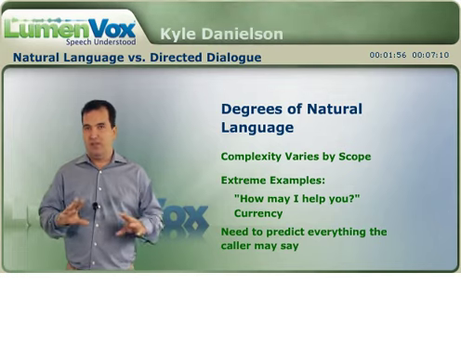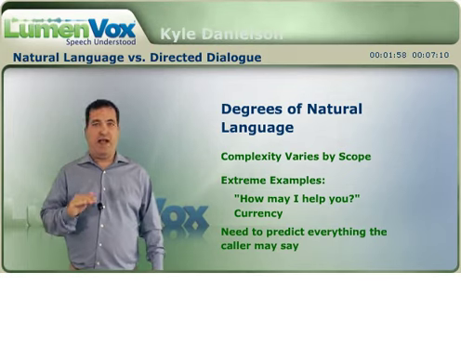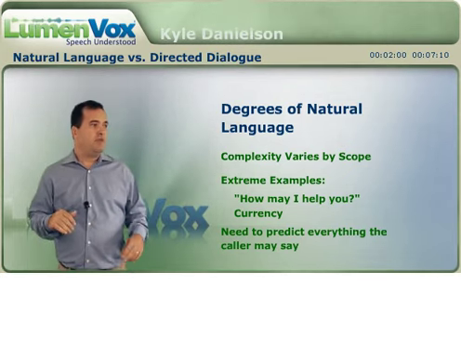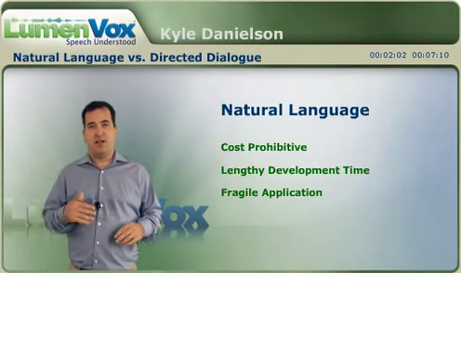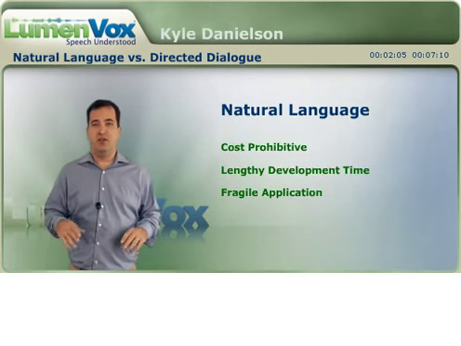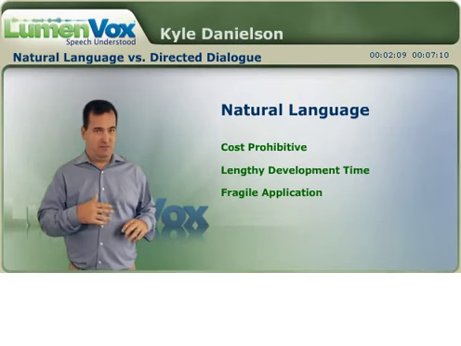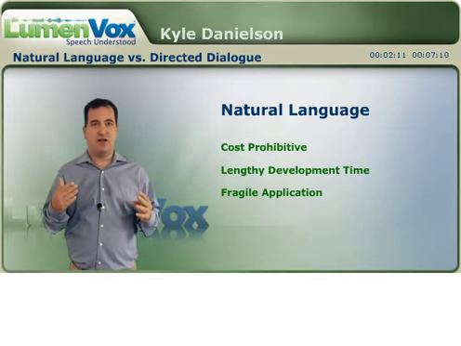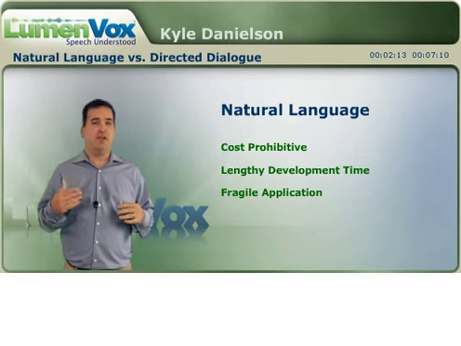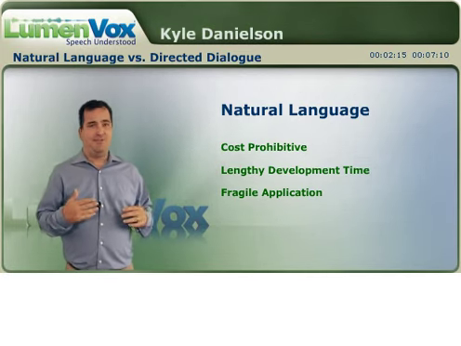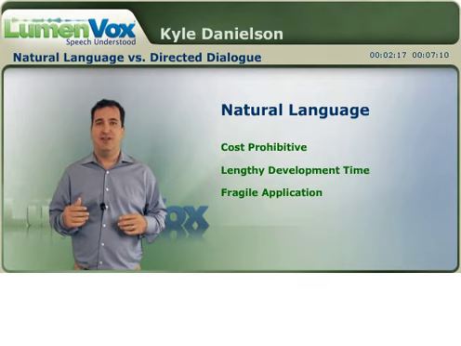Not what they might talk about, but what they're actually going to say. This makes natural language a very cost-prohibitive process, whether using the alternate technology, which effectively costs multiple hundreds of thousands of dollars and a long development time, which ends up being a very fragile application at the end anyway.